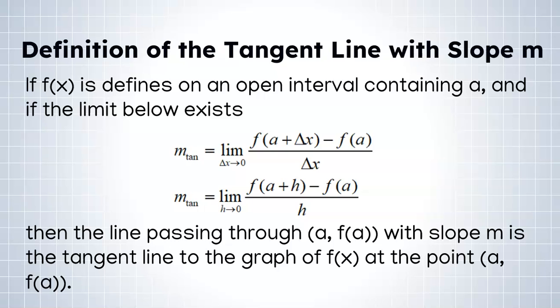If f of x is a function, and it is defined on an open interval, I guess it should be defined, sorry about the typo there. It's defined on an open interval containing a, and if the limit exists, now listen here, I wrote it twice. I just use, again, delta x is the same thing as h. Change of x is the same thing as h. The slope of the tangent line is the limit as the change in x approaches 0, or as h approaches 0, same thing.